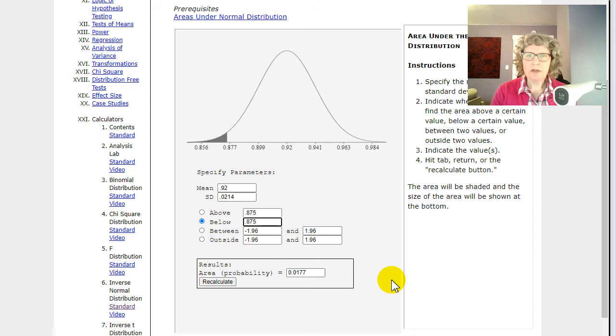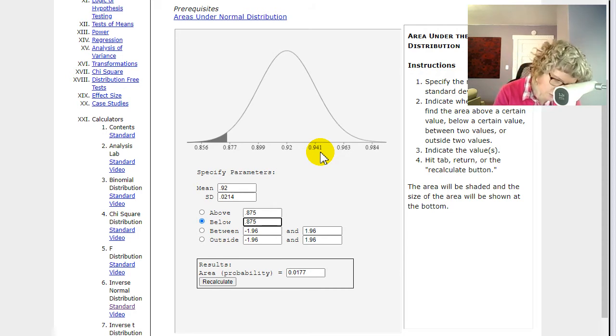So remember, we talk about 2 standard deviations from the mean, beyond that being unusual, and beyond 3 being rare. So this would be unusual because it's over 2 standard deviations away, which also kind of corresponds with less than 5% probability.